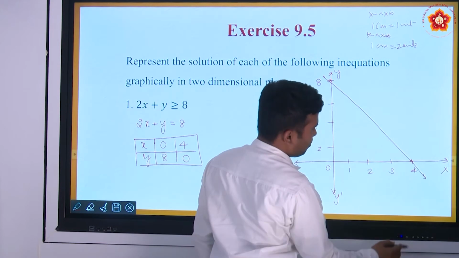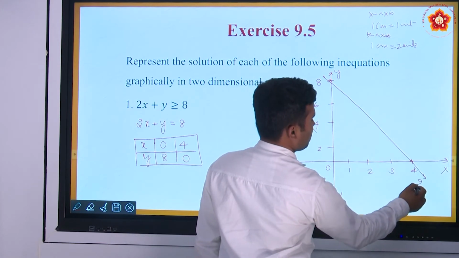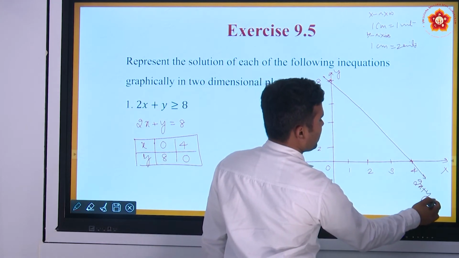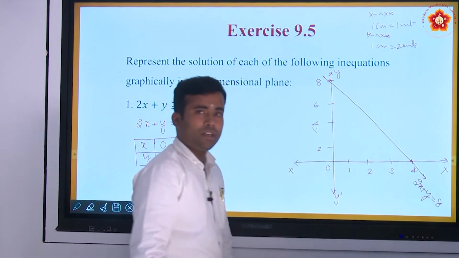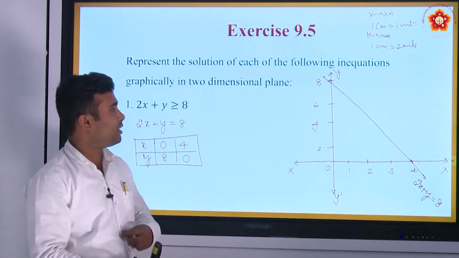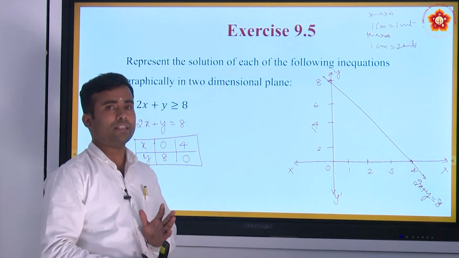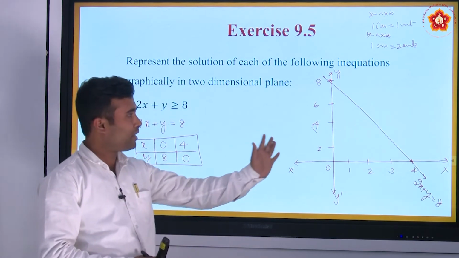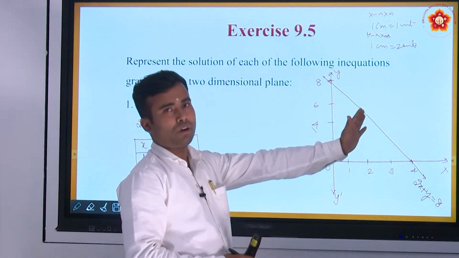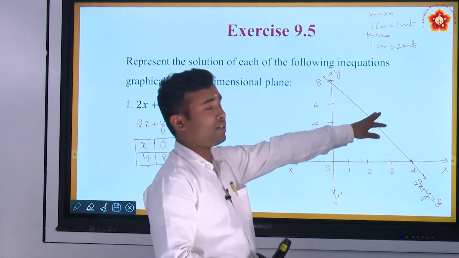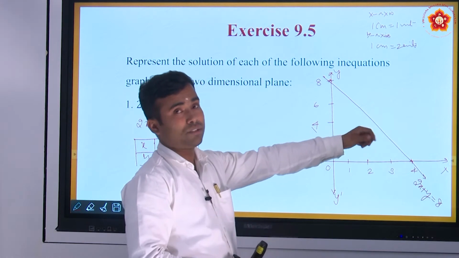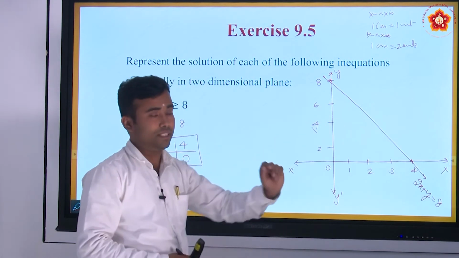See, this line represents 2x plus y is equal to 8. Now here the problem is we need to find the solution region. Understand? Now the Cartesian plane is divided into two half planes. This is one of the half planes and that is another half plane. Now we have to check in which region the solution is.